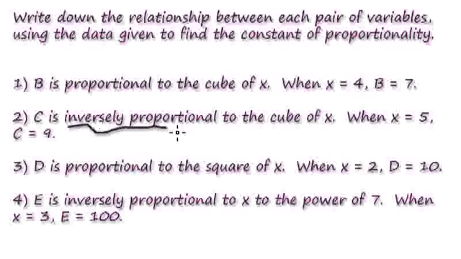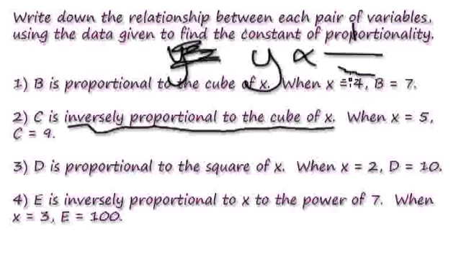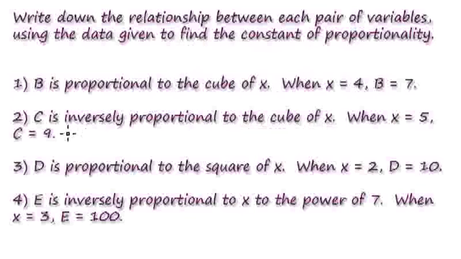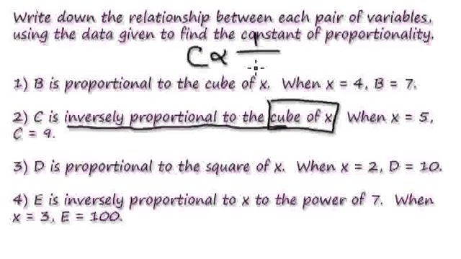Now c is inversely proportional to the cube of x. When something is inversely proportional, you have to write 1 over something. What is that something? Well, c here is inversely proportional to the cube of x.